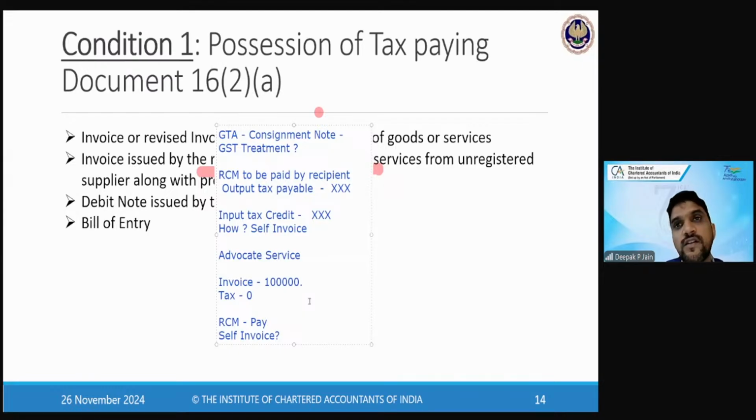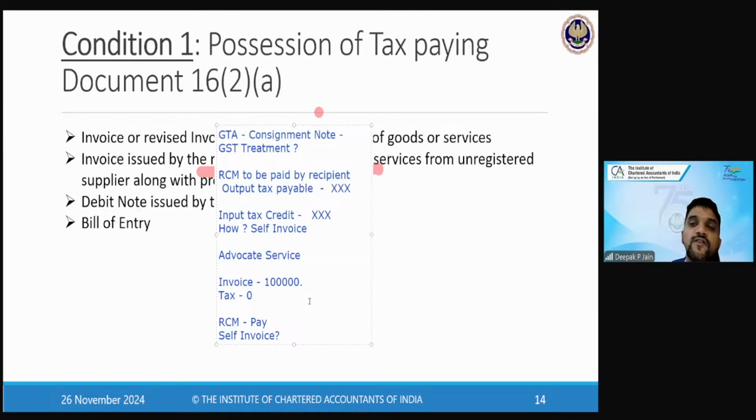If we see advocate services, reverse charge has to be paid by a business entity itself. If you are an individual and you are taking advocate services for any of your personal matters, then you don't pay RCM. The advocate also will not charge you any GST.